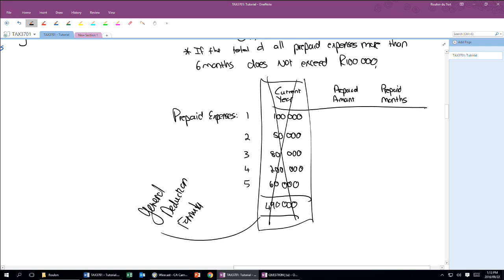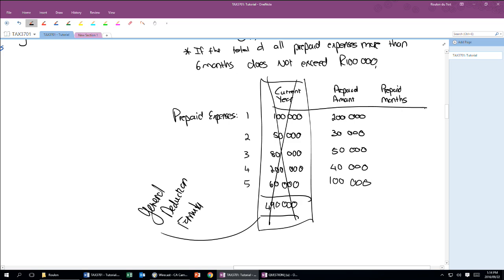Right, then we have the prepaid amount. Now, let's do the following for the prepaid amount. Let's say this is 200,000, this is 30,000, 50, 40, and let's just say 100.